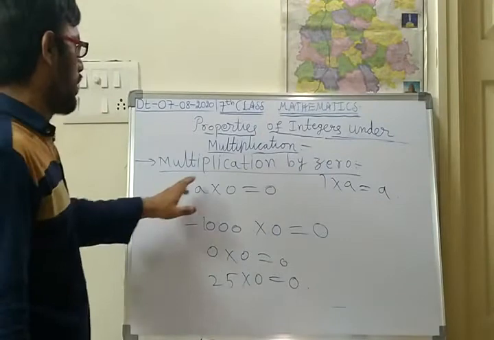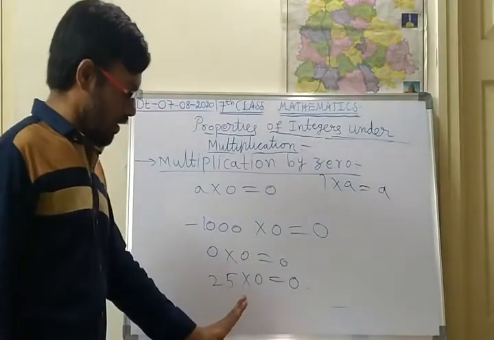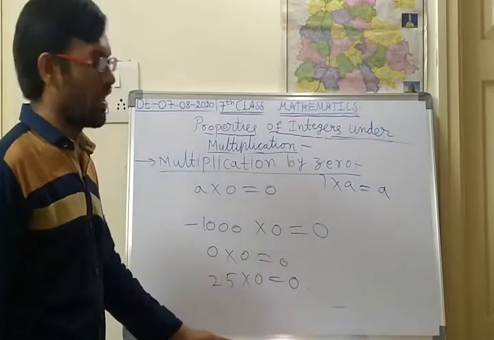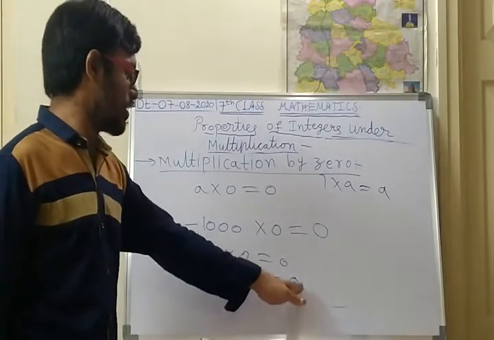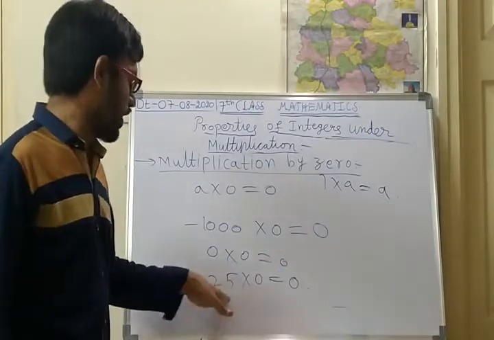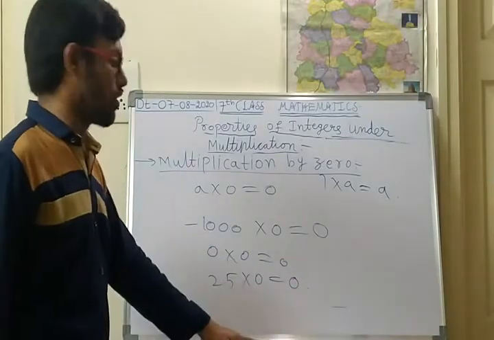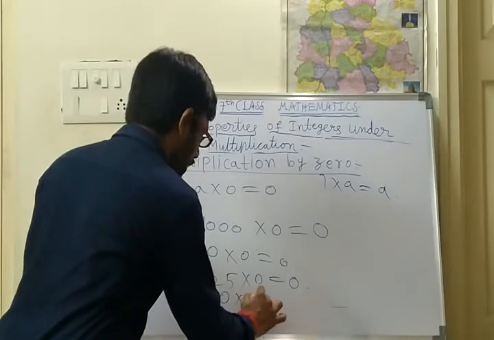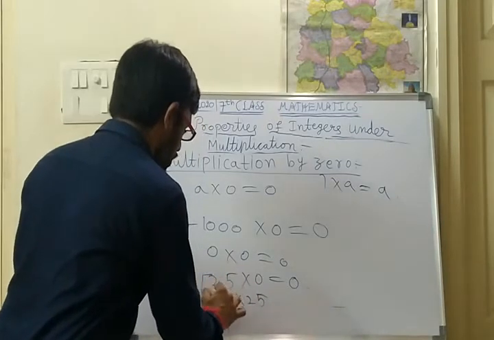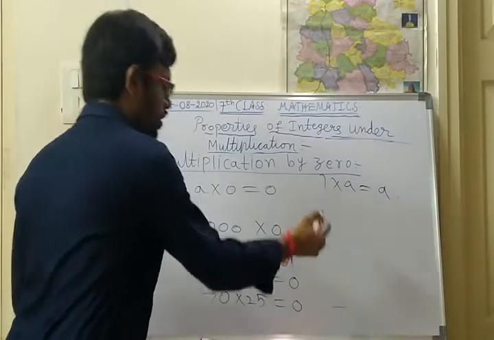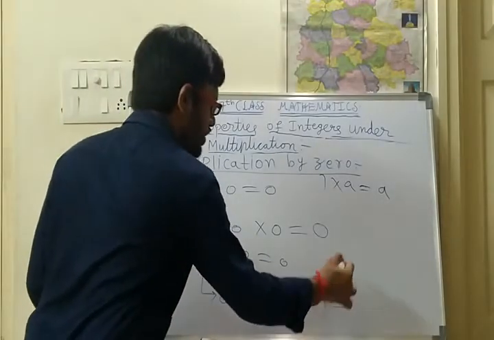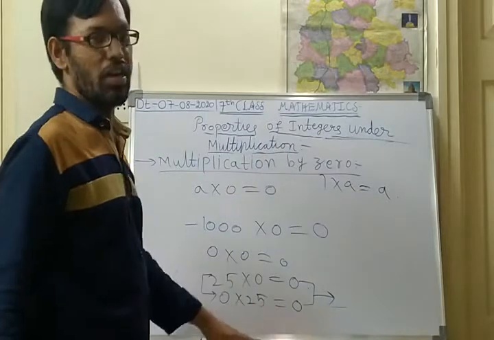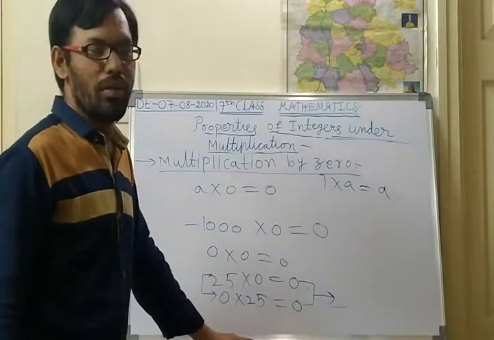So finally, what we can say is, if a is an integer, then a into 0 is 0 only. If you reverse it, 0 into 25 is also 0 only. So both answers are the same. The multiplication by 0 property also holds under integers.